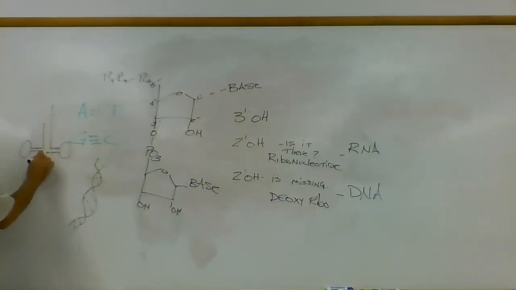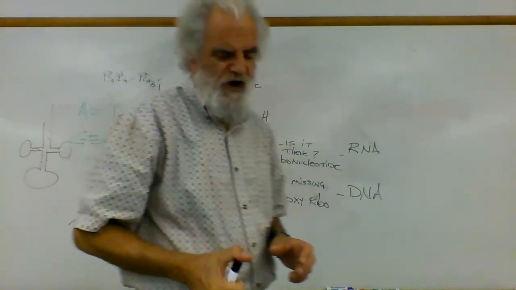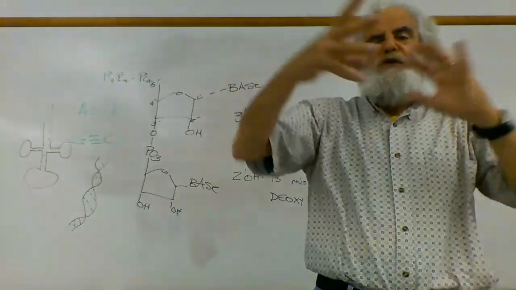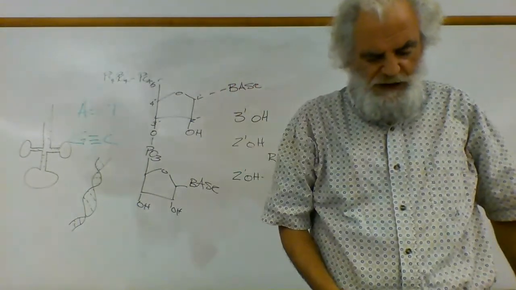So you have complementary base pairs set up in such a way that this molecule can fold back on itself and form 3-dimensional structures. That's one of the hallmarks of RNA: it is able to form 3-dimensional structures within itself.